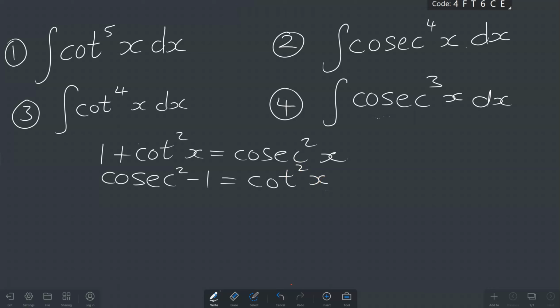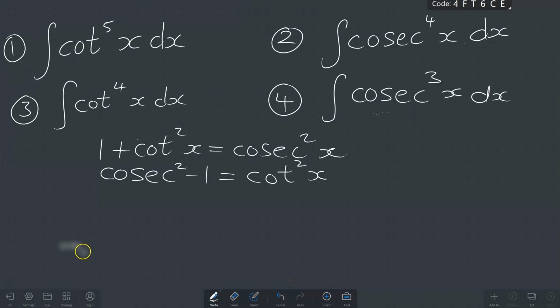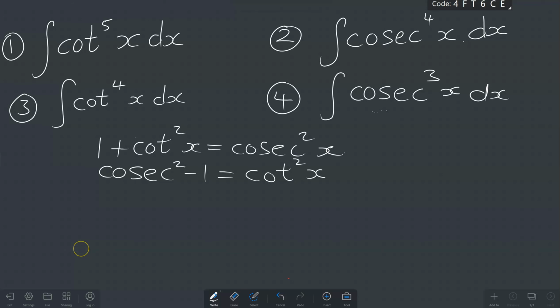So let's start with the integral of cot to the power 5 of x dx.